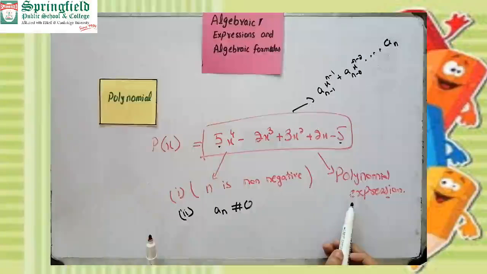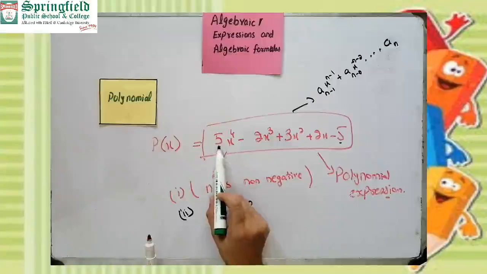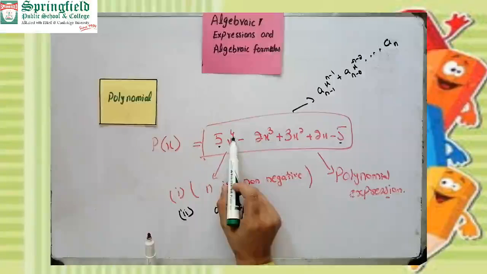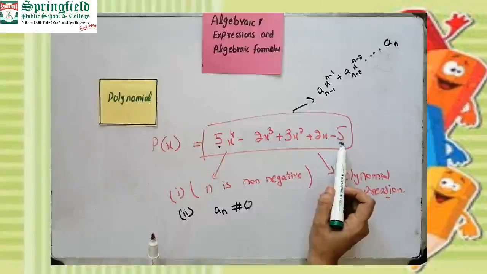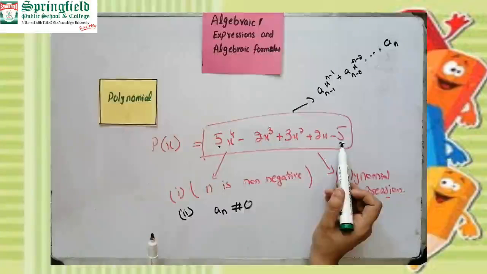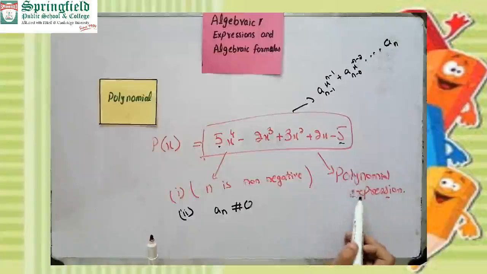Look here. Here the power is 4, which means non-negative, and the last term is not equal to 0, it is minus 5. So this expression is called a polynomial expression.